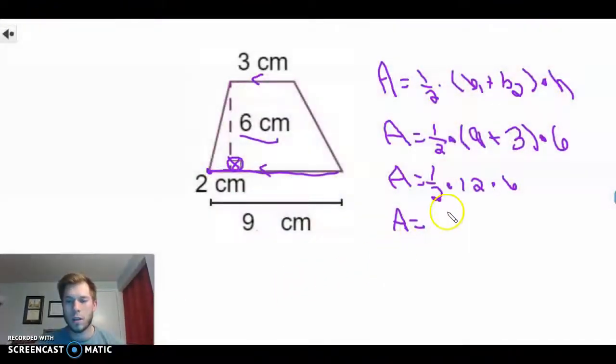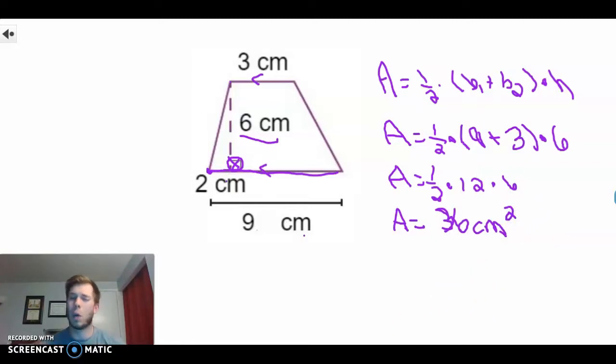So we've done that. You can hit enter, and we're going to get 36 as our area. So 36. When you look at our units, all of our units are centimeters. So 36 centimeters, but since it's area, centimeters is going to be squared.